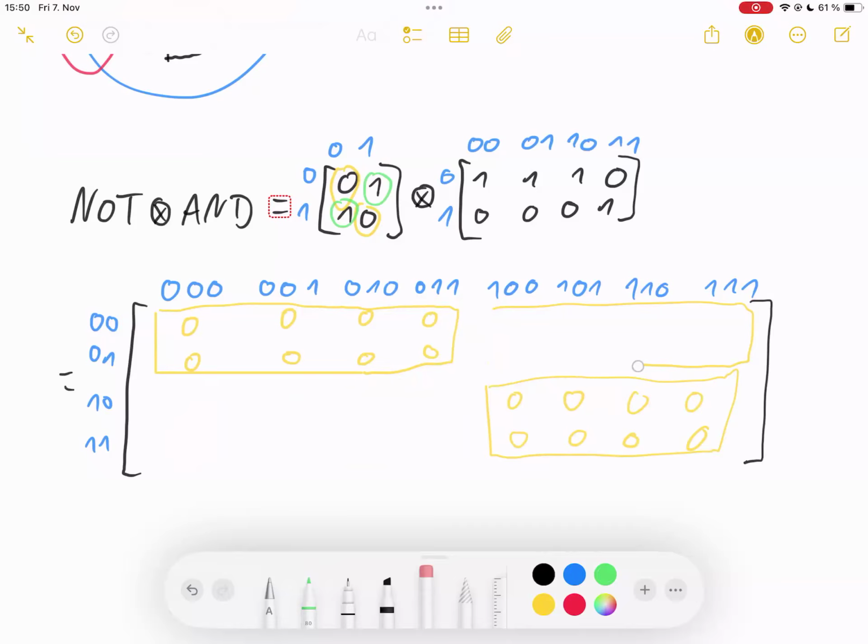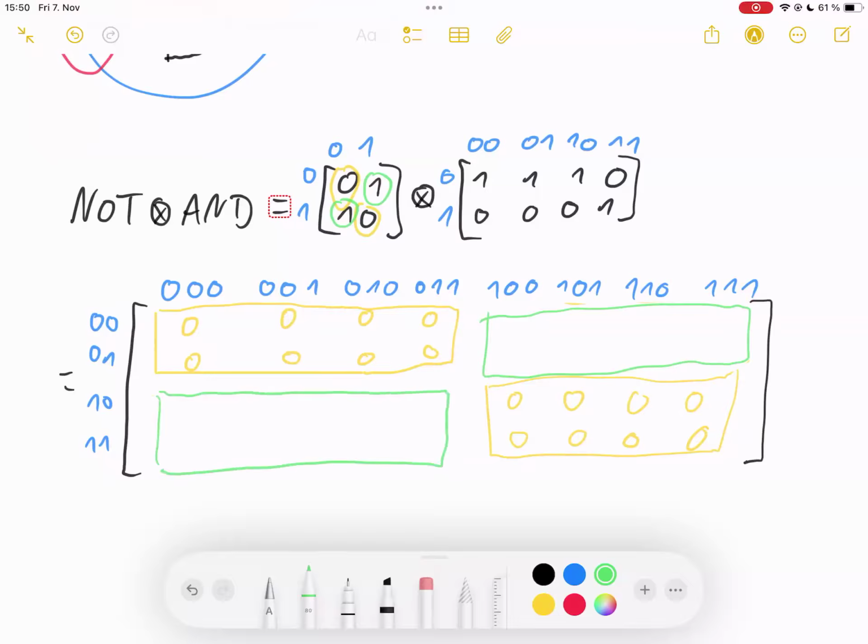So maybe you can tell me in the chat what I would have to put into these blocks now, where in the first matrix I have a 1. You can send this in the chat or turn on your mic and tell me what we put in here.